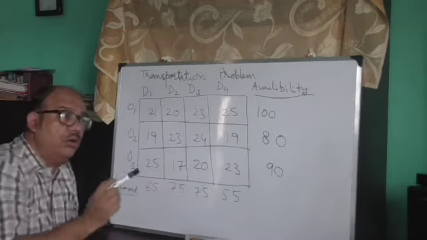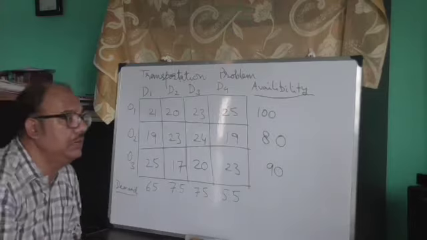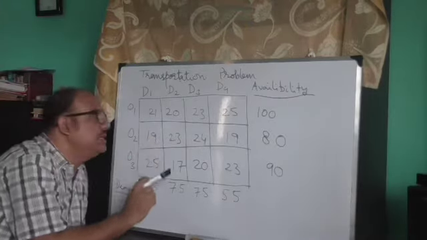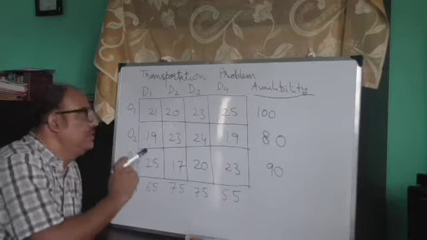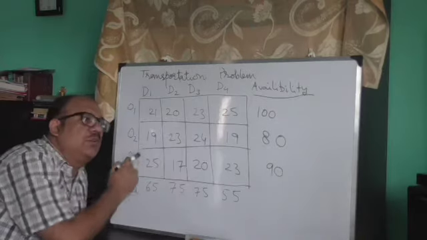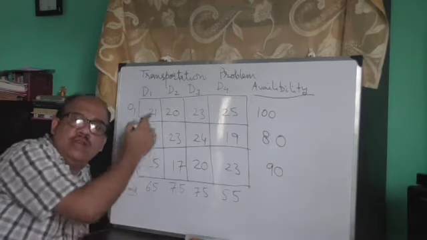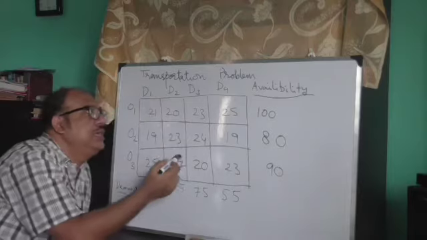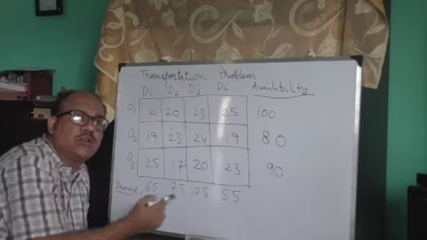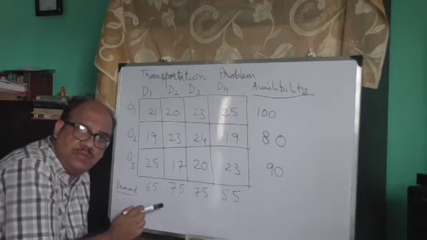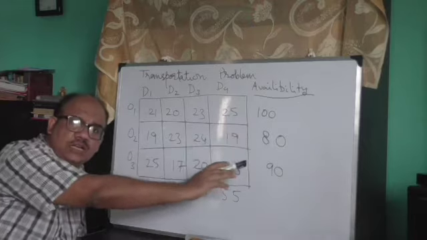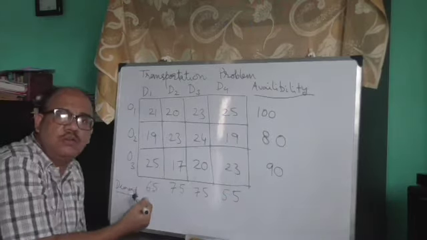Now, in mathematical and optimization terms, the objective is to transport from different origins to different destinations in such a way that the total transportation cost becomes minimum, the availabilities are exhausted and the demands are fulfilled.